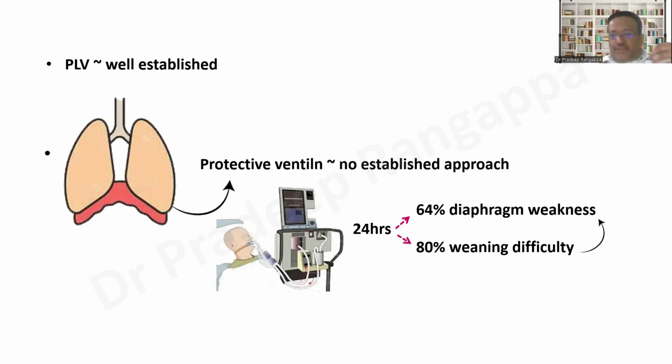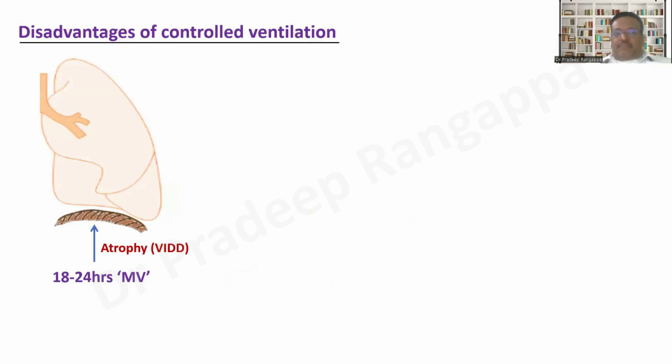And it is shown that 80% of the weaning difficulties that any patient in ICU would have are significantly due to the diaphragmatic weakness or dysfunction that would have set in. So in all the patients where you have weaning difficulty, diaphragmatic dysfunction is one of the common factors. So that is something we need to understand as the backdrop. So another thing for us to understand is when someone is on controlled mechanical ventilation.